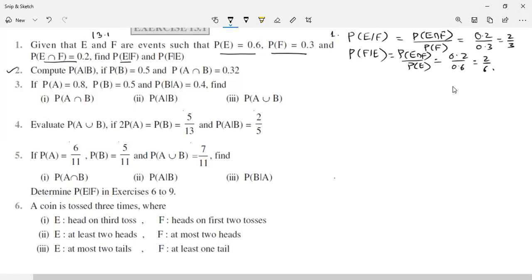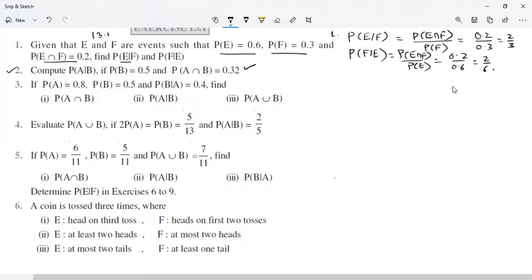In the second question, probability of B and probability of A intersection B are given. We can substitute in the formula. So when the values are given, we can easily find the probability of A intersection B, probability of A when B has happened, and probability of A union B. These are the probabilities that we have to find here.